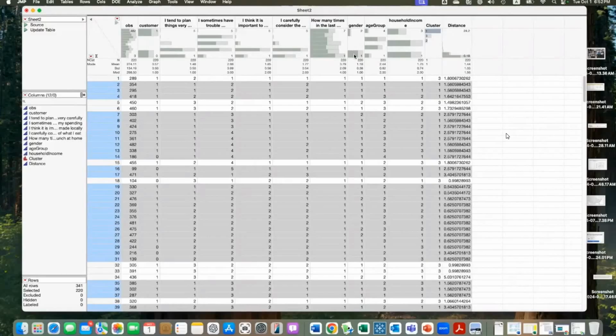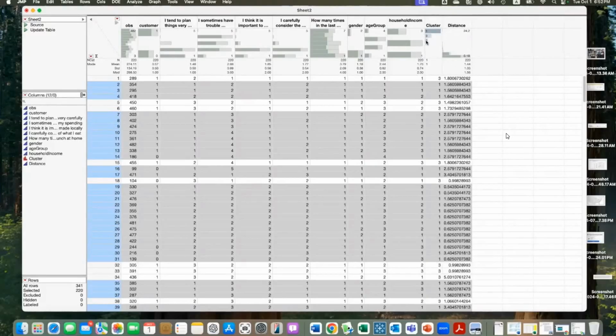Moving here, I see it's a high percent of gender 1. I'm not sure if it's male or female, so 1 or 2, okay? 1 will be male, the other will be female, right? In terms of age, they have people in age group 2 and 3, right? And for household income, they are in household income 1, 2, right? So that sort of thing.